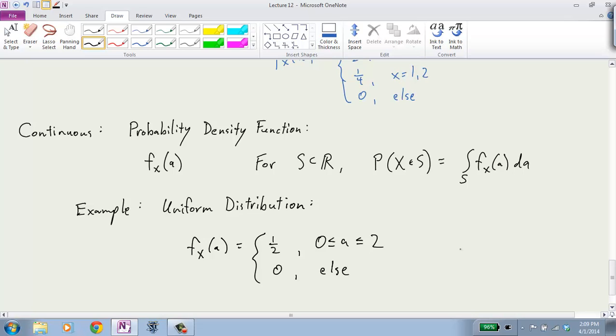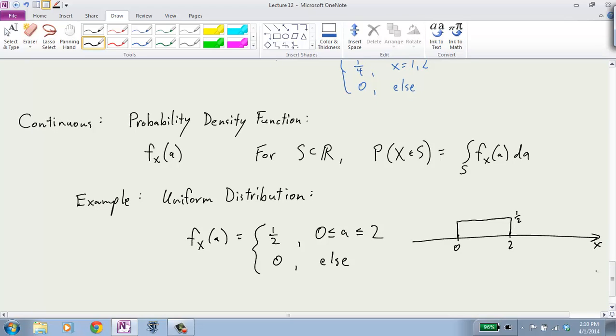Again, I like to just draw the graph of the density function. So here's x this way. We've got 0 to 2. We have height 1/2. It's like a little rectangle that's not centered. This is a uniform distribution. A uniform distribution can be over any set, and here it's over the set 0 to 2.